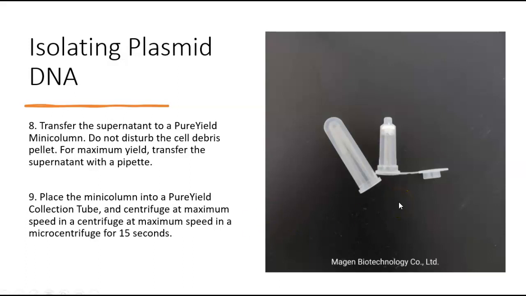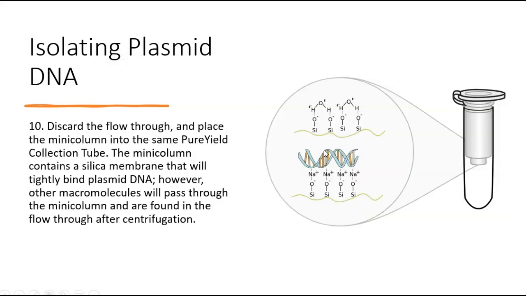So here's the mini column, and here's the PureYield collecting tube. What's going to happen here is that the mini column contains a silica membrane right here in this portion that will tightly bind the plasmid DNA. So the plasmid DNA is not going to get past it.